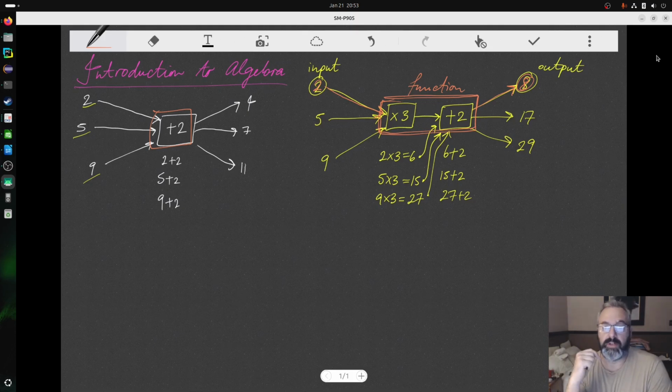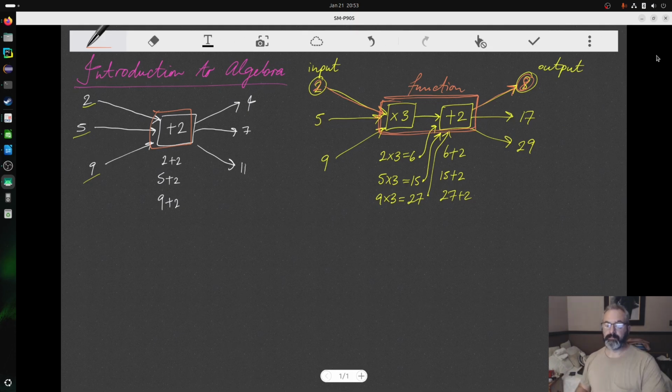So you need to learn the definition of a function. Like I said, a function is a mathematical sequence, a sequence of calculations that transforms an input into an output. And the important thing is, for every one input, there can only be one output. So that's very important to remember.